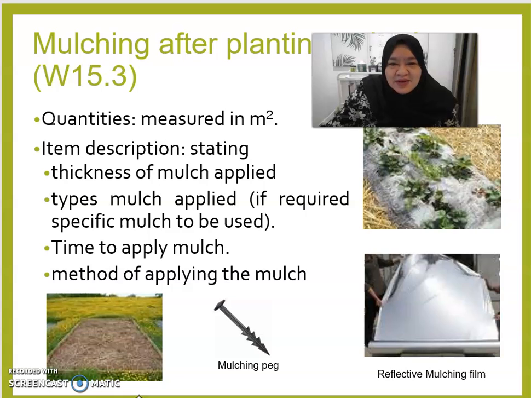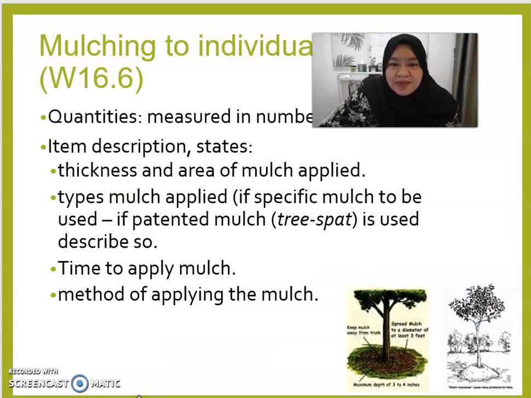All right, quantities also measured in meter and also meter square as alternative. So it also needs to be described differently if you have a specific mulching to individual trees that can be referred in section W16.6.